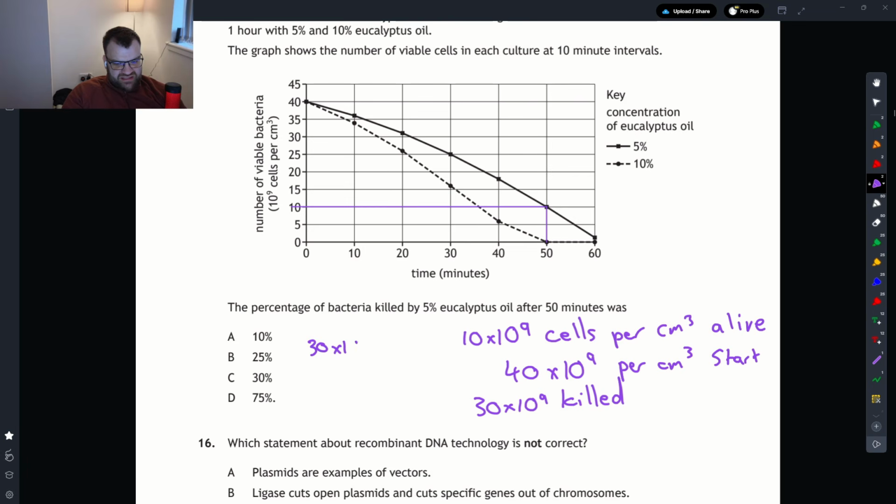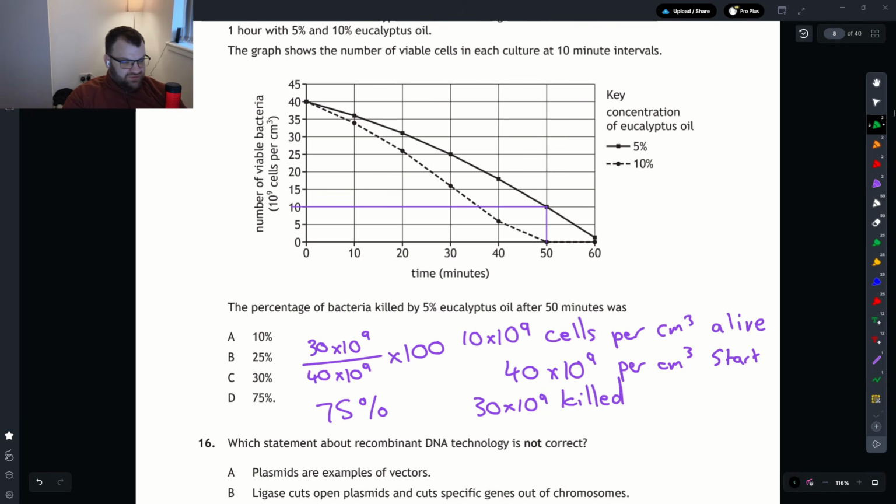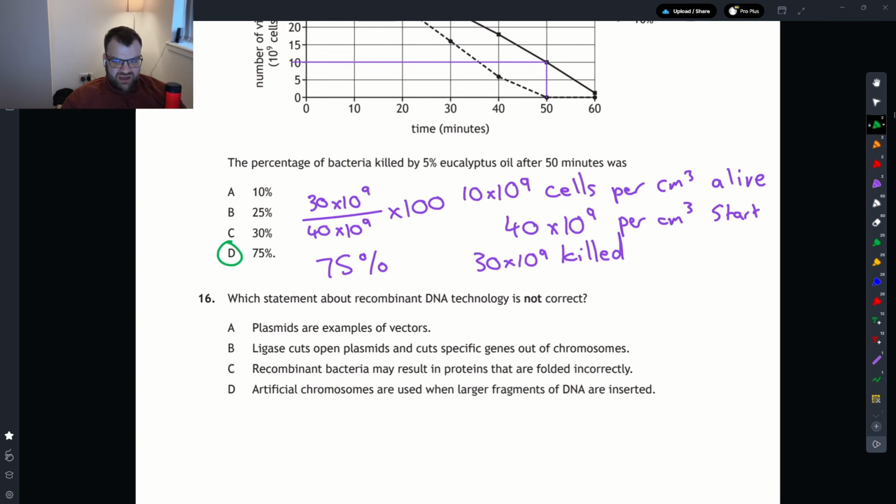That's 30 times 10 to the power of 9 over, well, there were 40 times 10 to the power of 9, and then times that by 100. 3 over 4 will be 75%. You can just use your calculator and that will do that for you. This answer is what you'd get if you used just the number from the graph. Checking the labels is very helpful because you can get that that is not what we're to do.